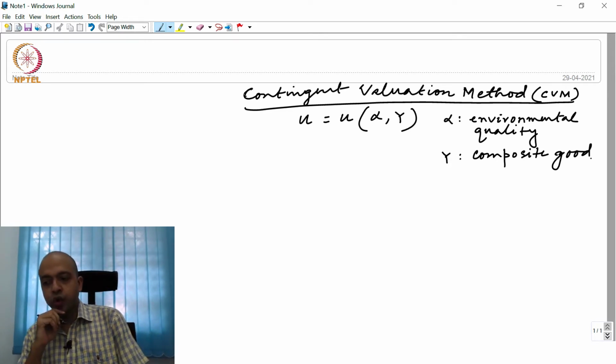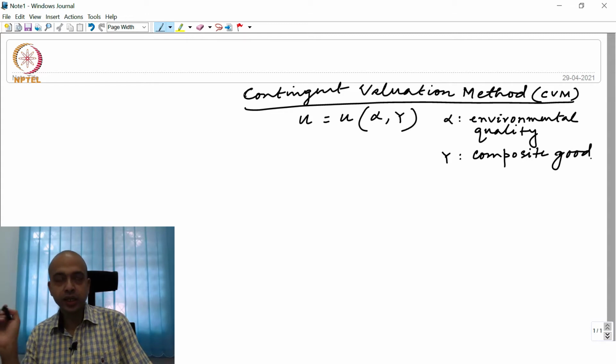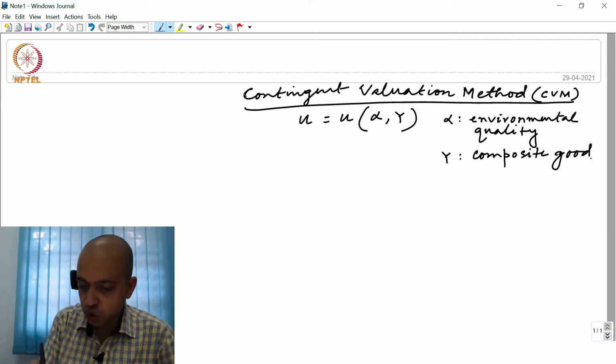So why is it called composite good? Because with y you can actually buy any commodities. That is why income or money is known as composite good in literature. And what is the assumption here?